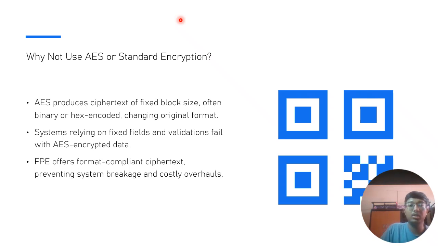In the bank database example, it expects card numbers to be 16 digits, and AES encrypted output simply won't fit because it breaks joins, queries, and validation logic. So what format preserving encryption does is reduce the cost and disruption by keeping the encrypted data in the same format, which saves millions for companies with critical legacy systems.